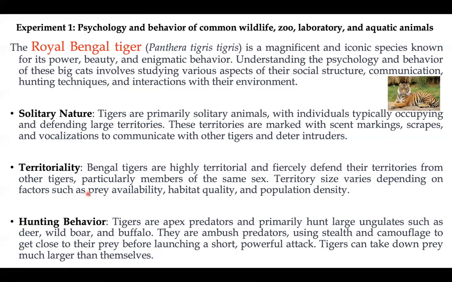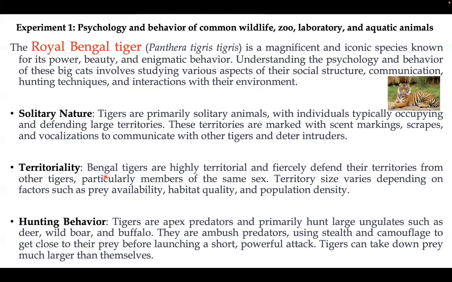As you know about the territoriality, every wild animal likes to keep their territory, that is a particular area of land that is controlled by a particular group of animals. That is what is called a territory.